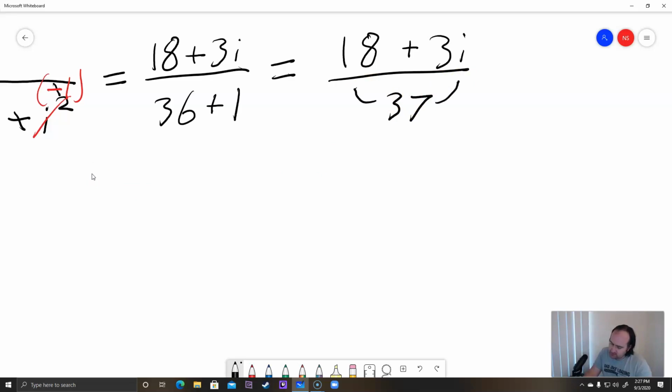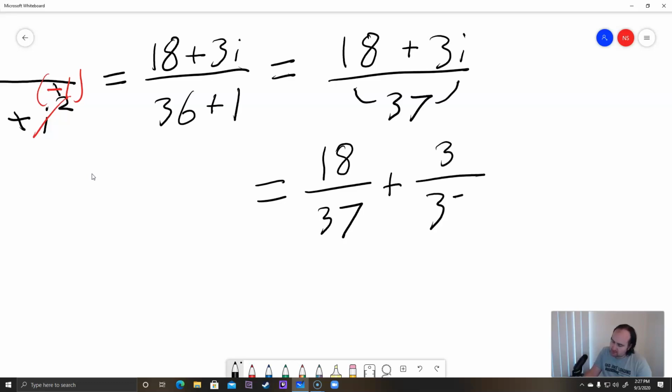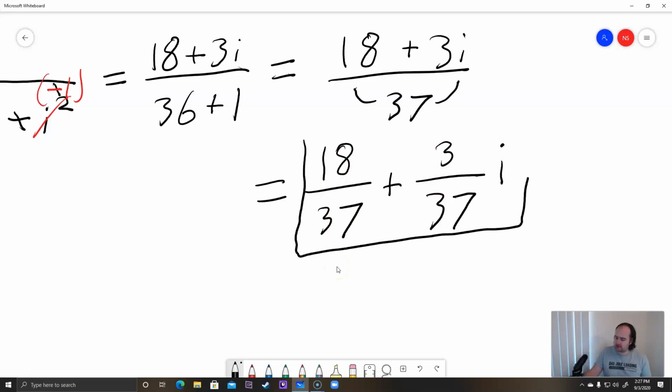We're going to split it up into two fractions: 18 over 37 plus 3 over 37, and then I'm going to bring that i for the second term in front of it. So here you can see we've written it in the form a plus bi, where a is 18 over 37 and b is 3 over 37. And that's going to be our answer.